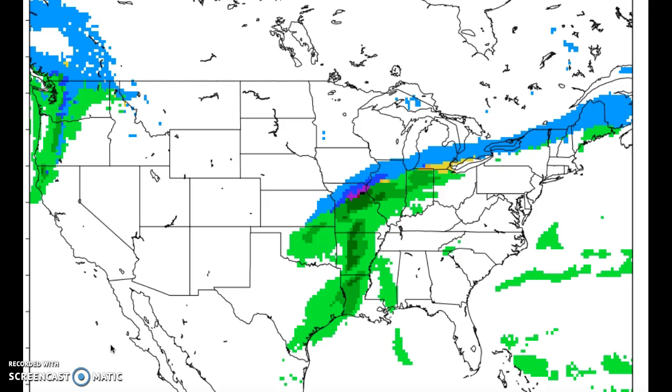The threat for severe weather early on the 2nd of March, which is a Wednesday, this is midnight Wednesday, probably expands very significantly as we move into the day.